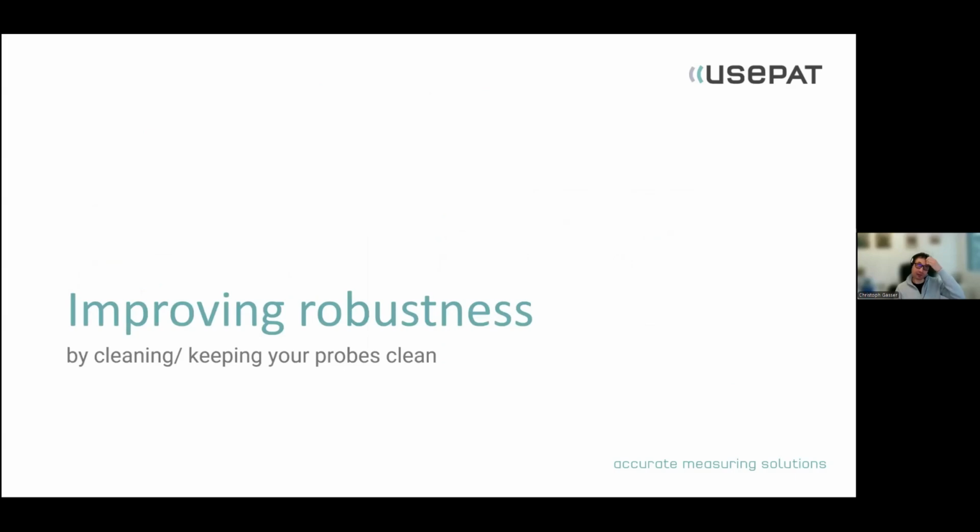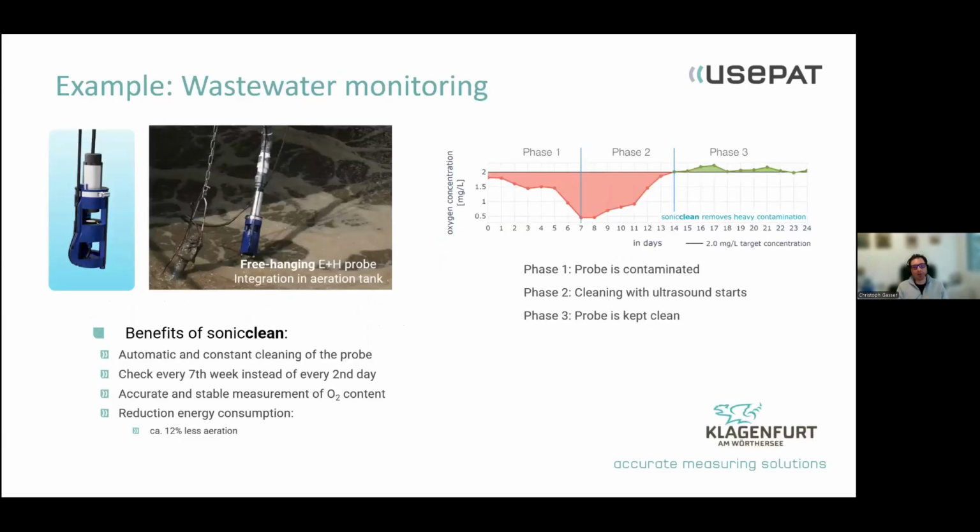The second, and commercially for us more important issue, is improving robustness. By that, we just mean using this technology to clean or keep your probes clean. The primary application right now for us is a process that might be known to you: the activated sludge process in wastewater treatment facilities. This is a process where you have to do aeration, and you usually use DO probes, dissolved oxygen probes, to measure the DO content in the liquid.